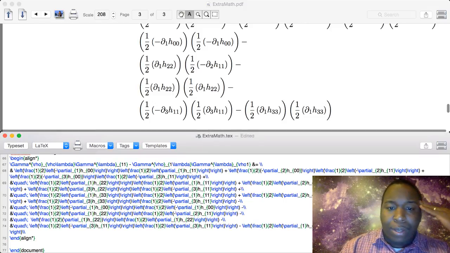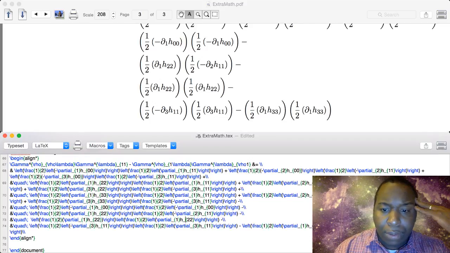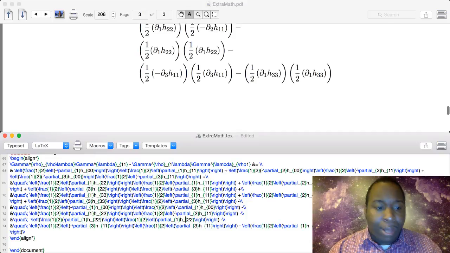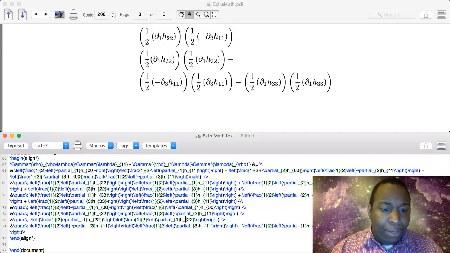This is interesting, actually. Partial 1, 3, 3. All right. So the next thing to do, of course, is now to bring all the terms of this particular Ricci curvature tensor element together.